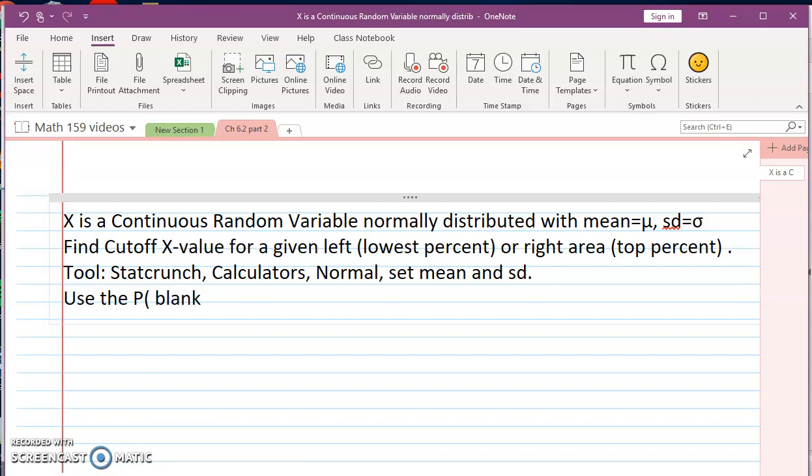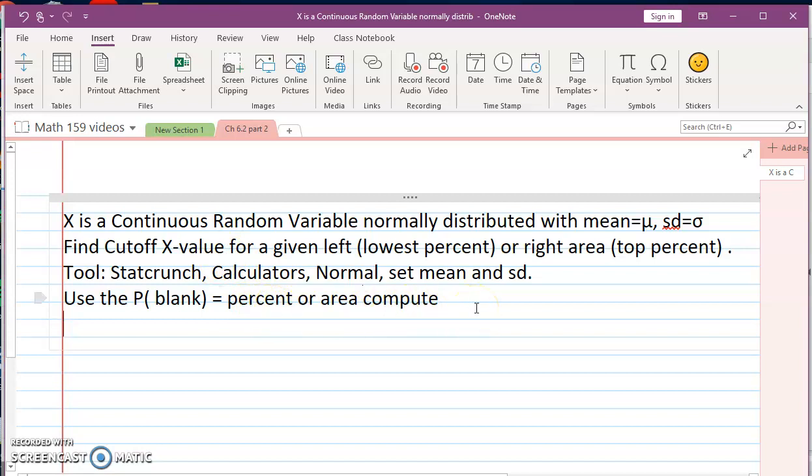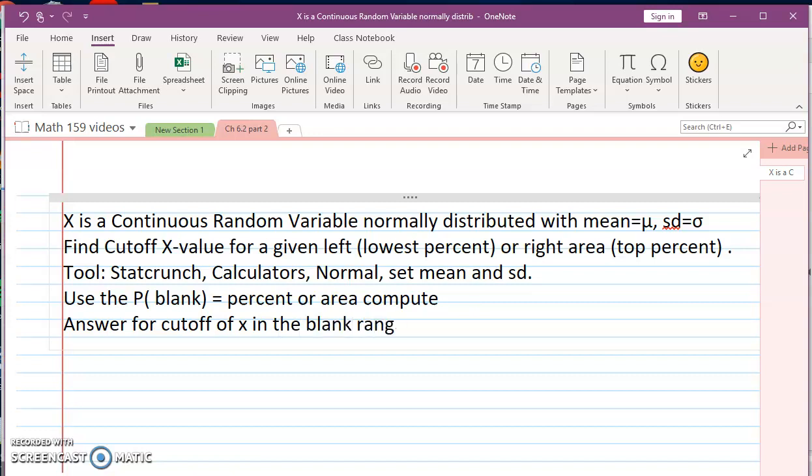You blank it out, whatever that is, left or right, and then you input the percentage or area here, and then you do compute. The answer for the cutoff of x will be in the blank range area.